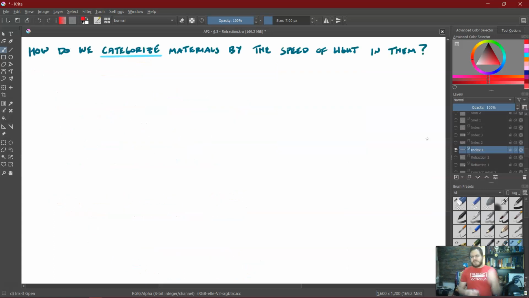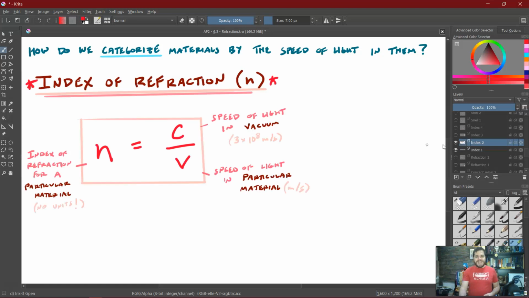Well, how do we specifically categorize materials by the speed of light in them? In other words, if I look at two materials, what property do I have to specifically have written down somewhere to know, okay, the speed of light is faster in this material than in this material? And that is something known as the index of refraction, that we abbreviate with a lowercase n.